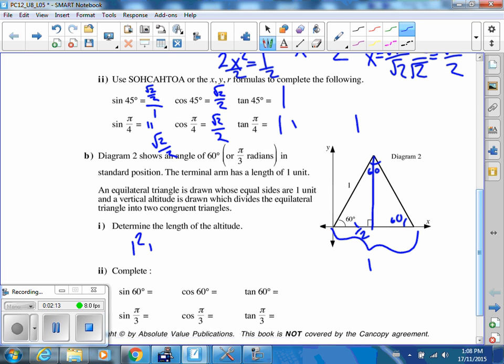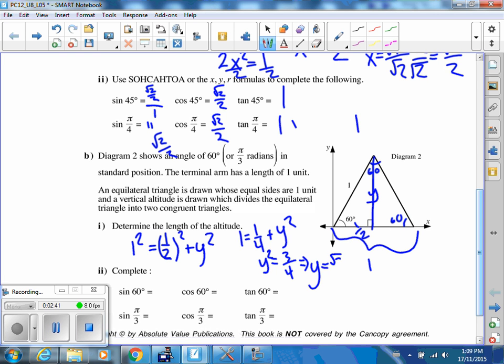C squared equals 1/2 squared plus y squared. Okay, so we'll call this y right here. Then I get 1 equals 1/4 plus y squared. Y squared equals 3/4.